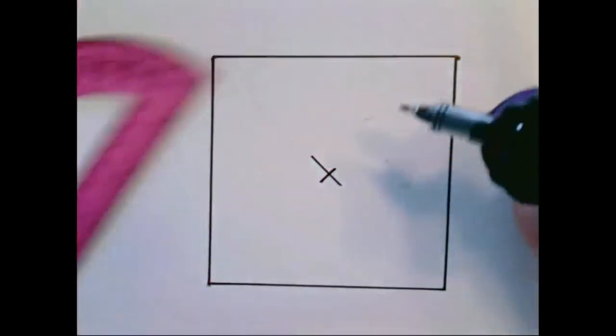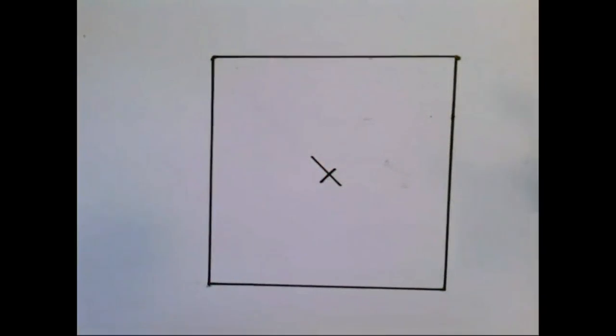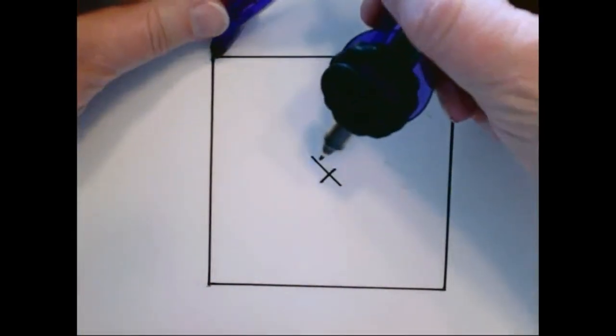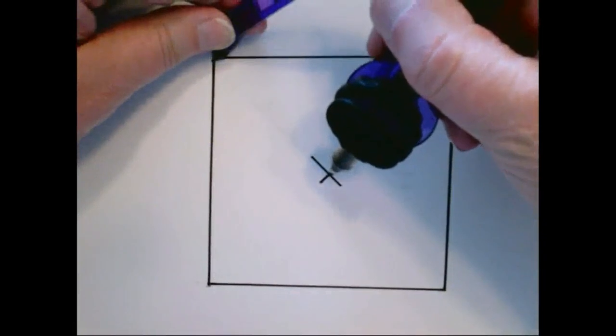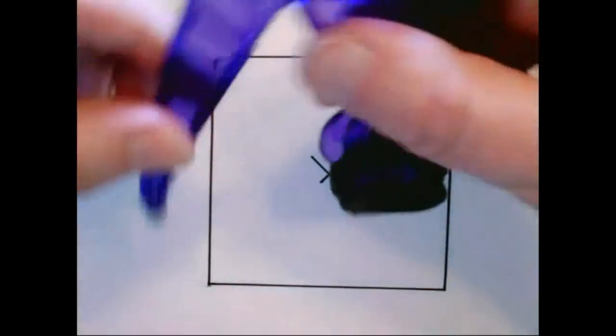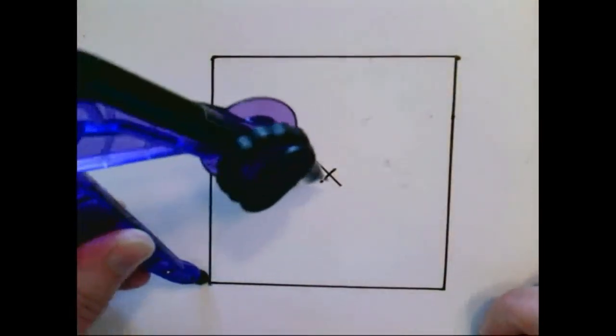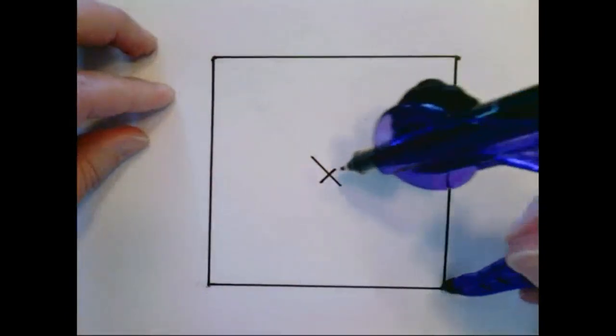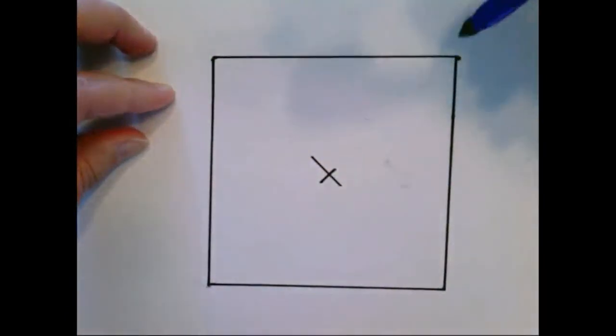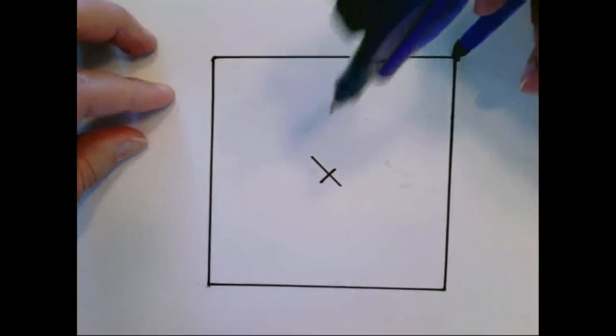So where those 2 line segments intersect is the center of the square, so it's where the 2 diagonals do intersect. Now the next thing I want to do is find the distance from any of these vertices to that point of intersection. Now it's going to be the same distance all the way around because these diagonals intersect at a point that is the same distance from all of the vertices.